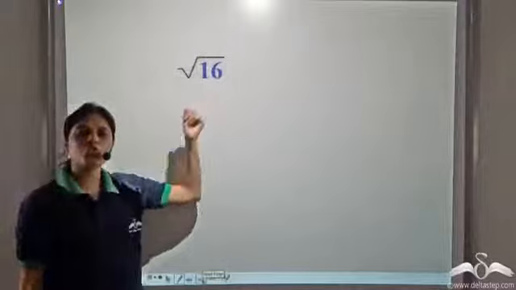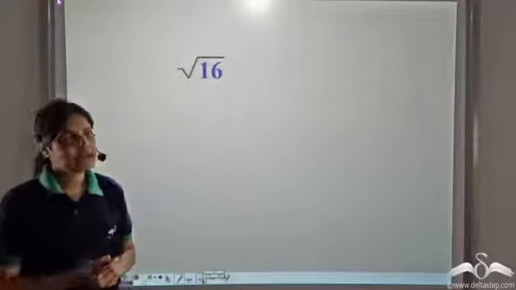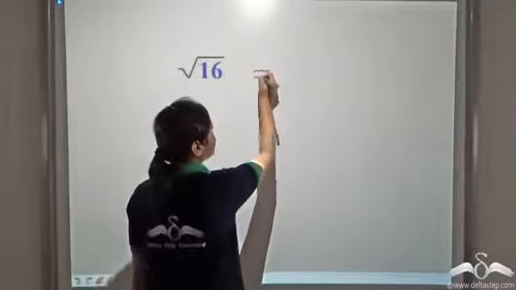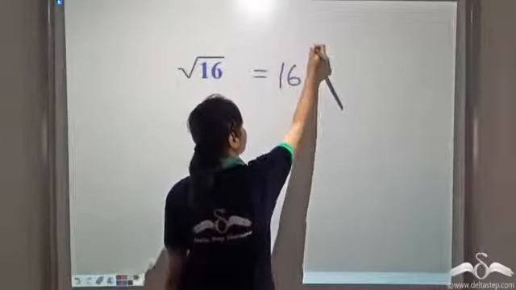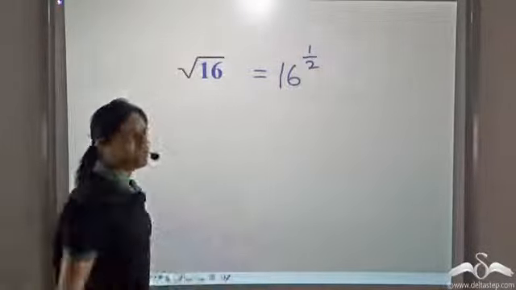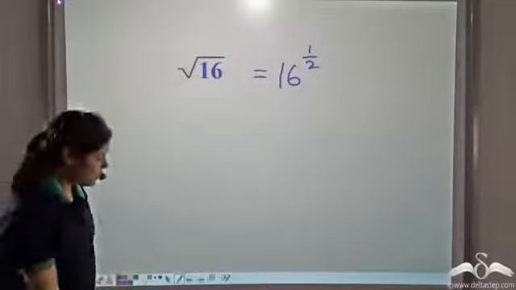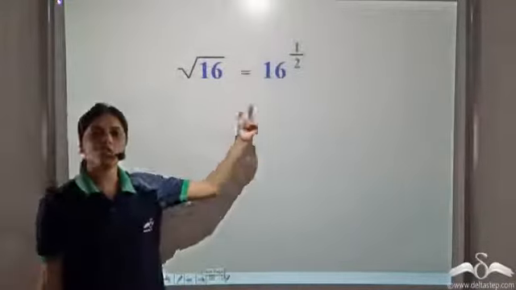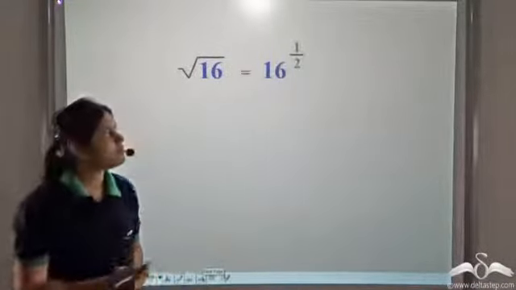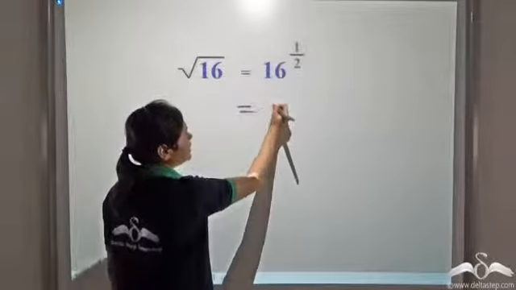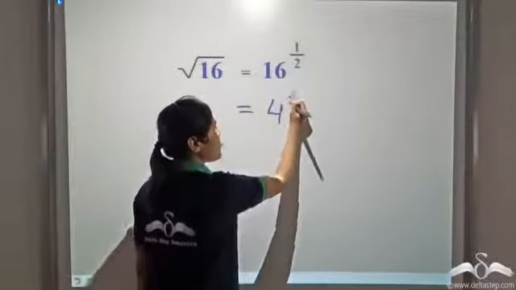Now this is the square root of 16. And now we know that it can be written as 16 to the power half. It can be written in exponential form as 16 raised to the power half. We know that 16 is 4 square.